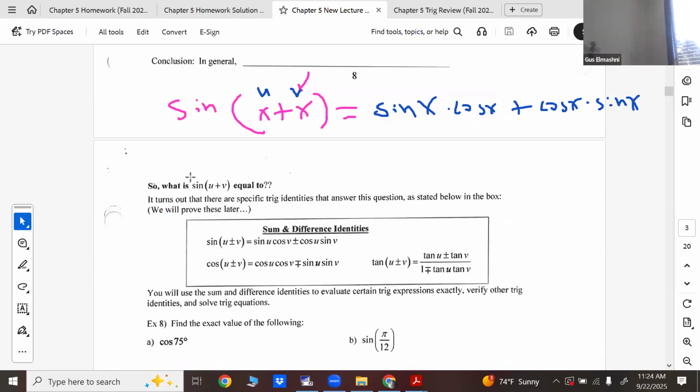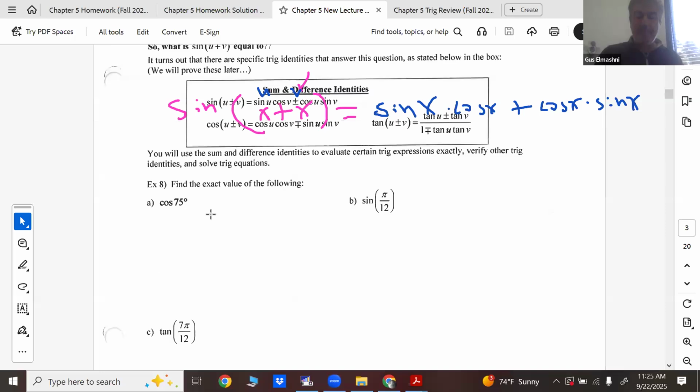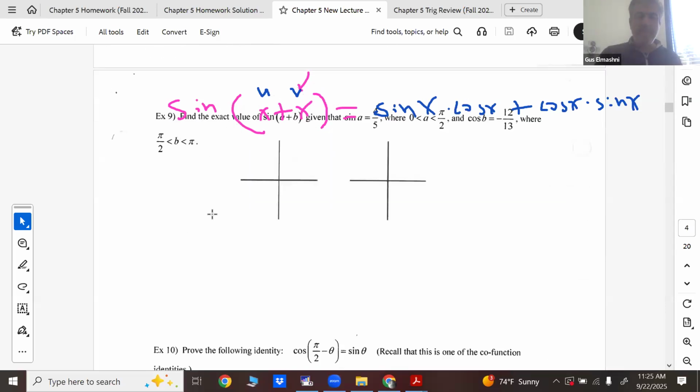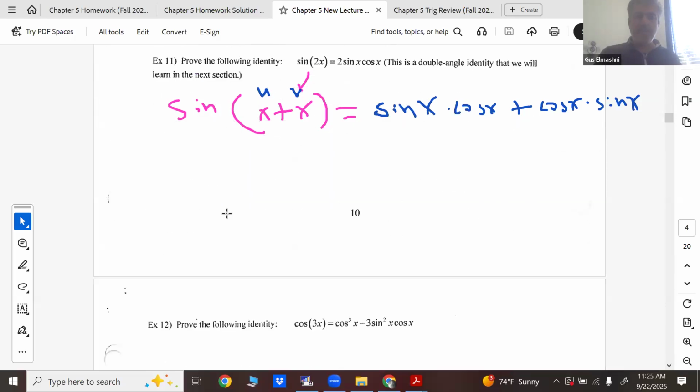It says u plus v, x plus x. So sine x, cos x, sine x. These are identical expressions now. You got two of them. So what are you going to say? 2 sine x cos x. There you go. That's it. And that's the double angle identity.